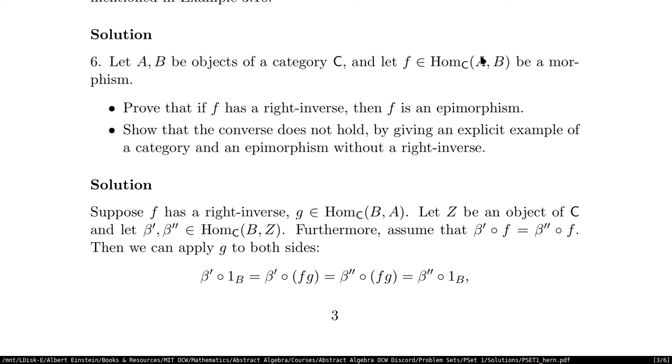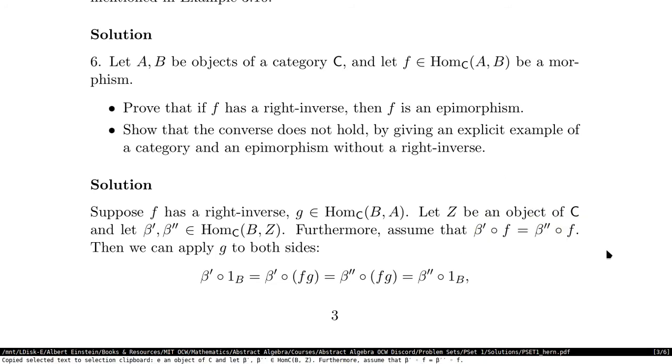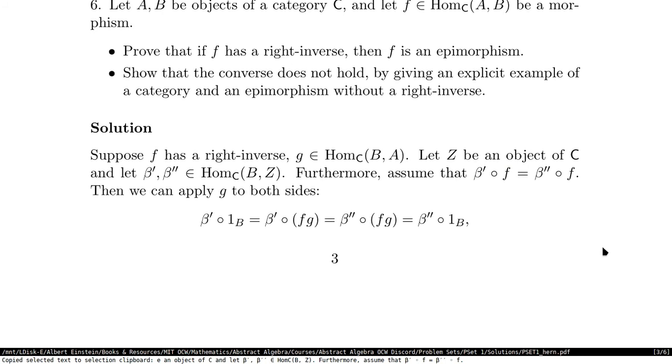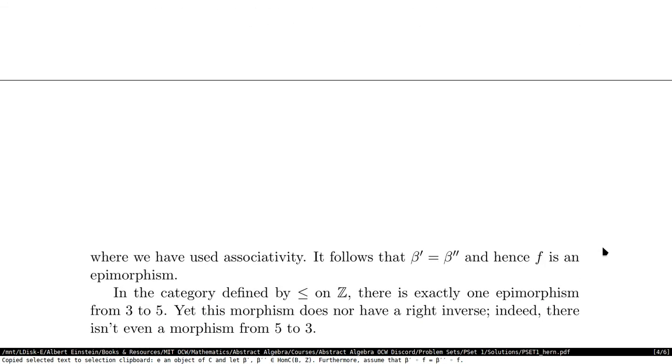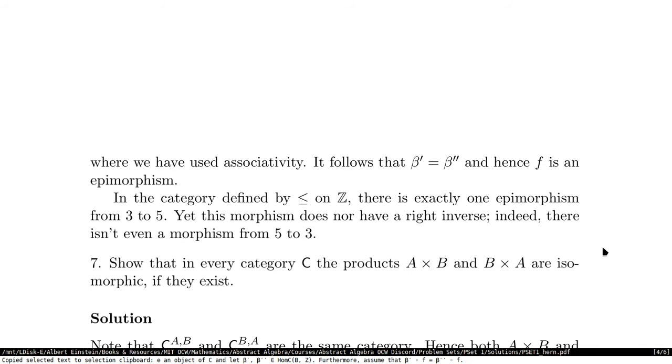Then you assume that beta prime composed with f is equal to beta double prime composed with f. Then you apply g to both sides, and as it is a right inverse, you get the identity. And you show that beta prime is equal to beta double prime, and that's all you need for f to be an epimorphism, right?